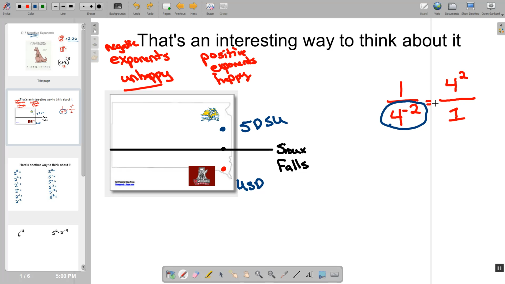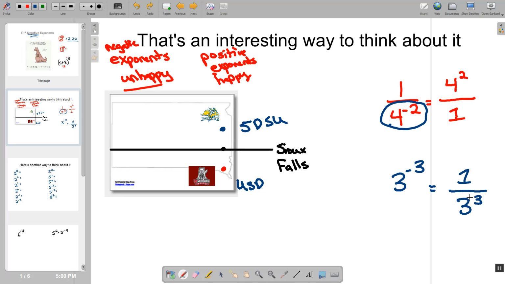Let's say we have 3 to the negative third power. That's Jake Cheeseman now, and he's in Brookings. He doesn't like it there, so he wants to go down below the fraction bar back to Vermilion. When he goes back down, he is happy to be there, and he's now a positive exponent.